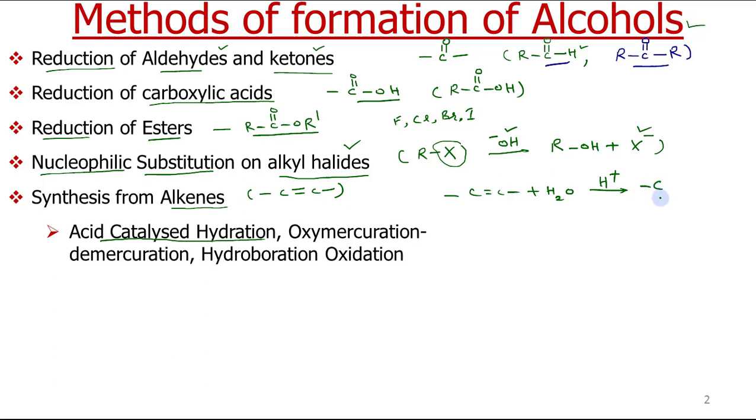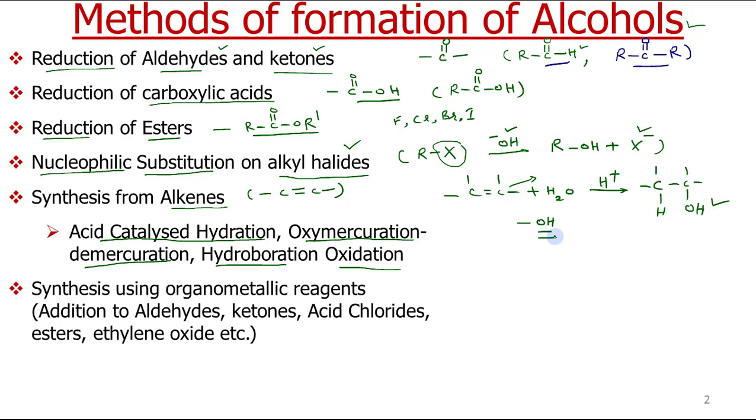So the product will be something like this, CH, COH. This is called hydration of alkenes and the product is alcohol. There are other methods like oxymercuration, demercuration, hydroboration, oxidation, which can also be used to synthesize alcohols from alkenes. Alcohols are those compounds which have the OH functional group. We will discuss these methods separately in different lectures.